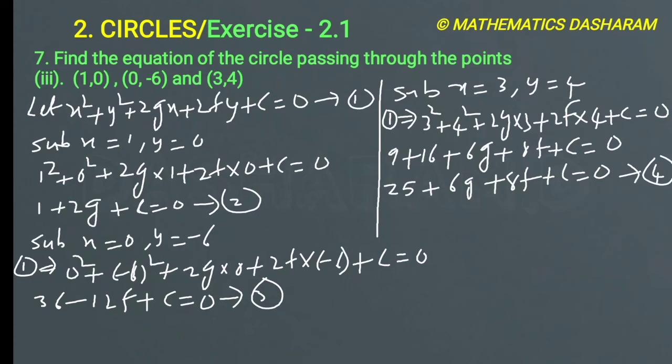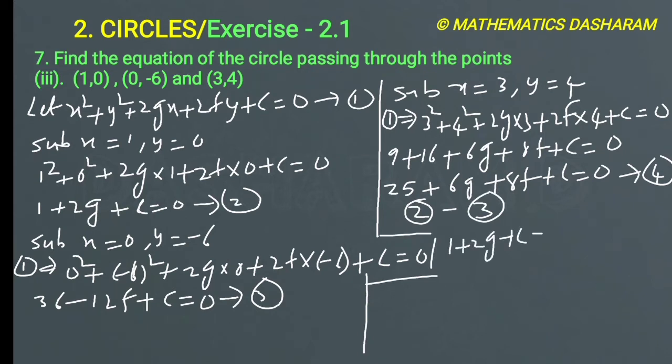To find out the g, f and c values, we need to create two more equations. How is it? So equation 2 minus equation 3. Equation 2 is 1 plus 2g plus c, and equation 3 is, here take the bracket, 36 minus 12f plus c equals to 0.